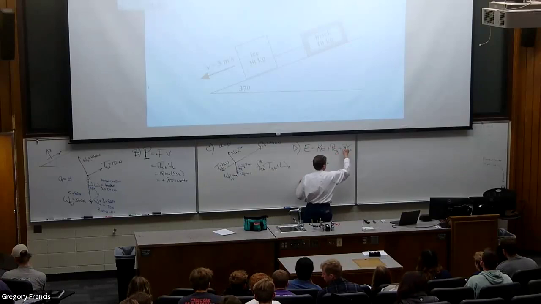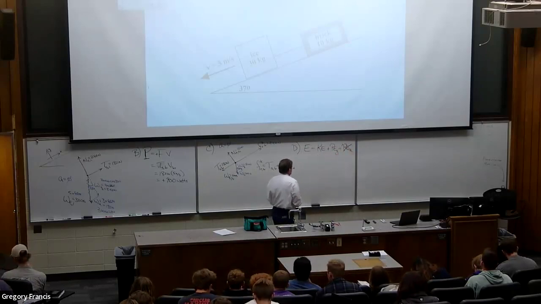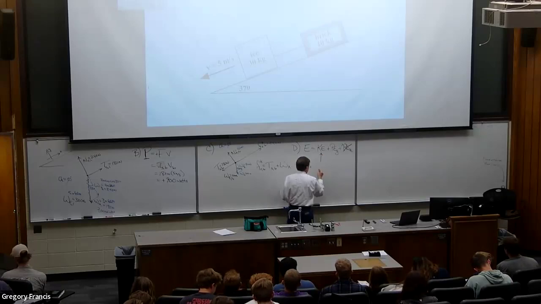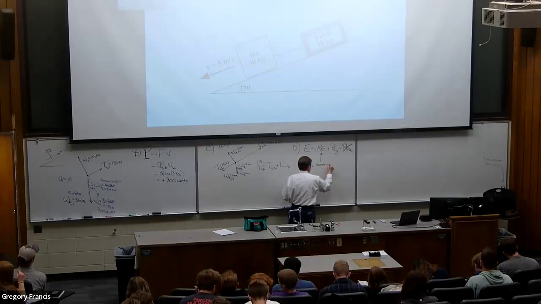Well, there are no springs in this problem, so we don't have to worry about that bucket. Well, the ice is moving at a constant velocity, and so the kinetic energy is conserved. In other words, it stays the same.